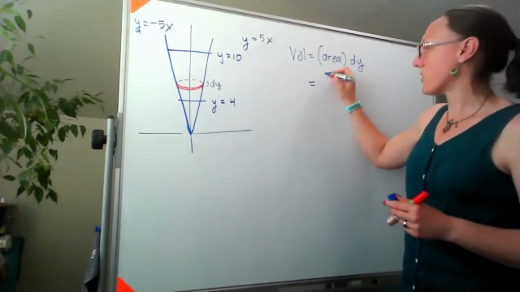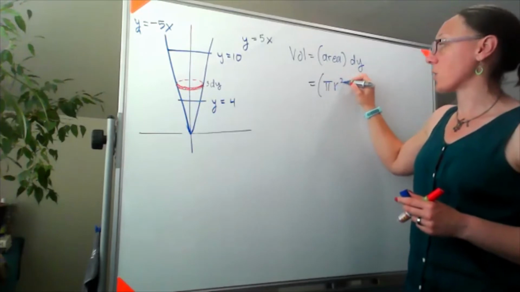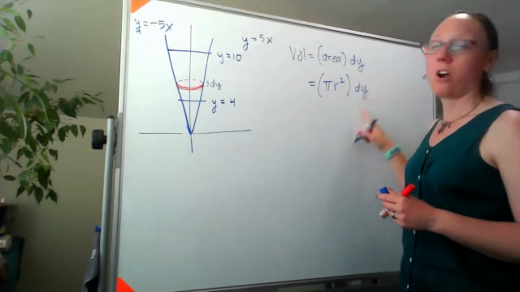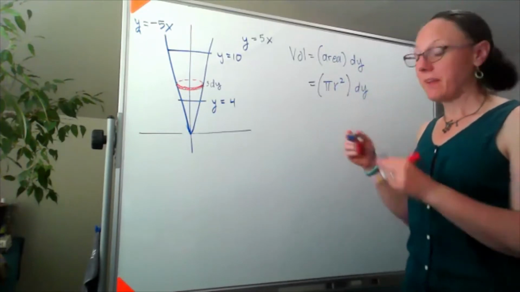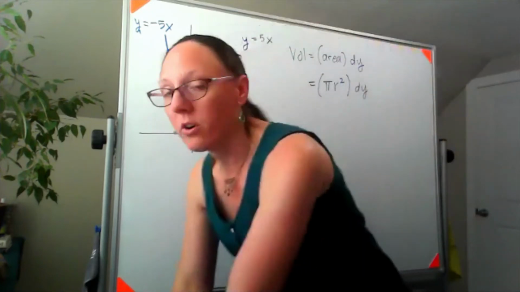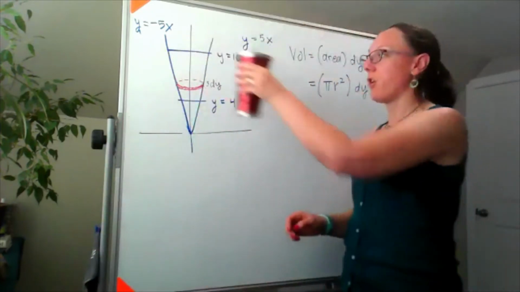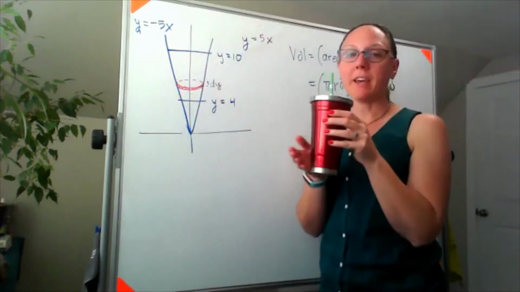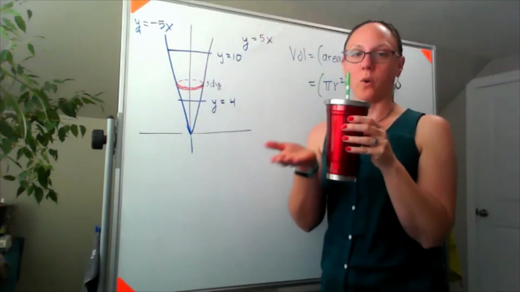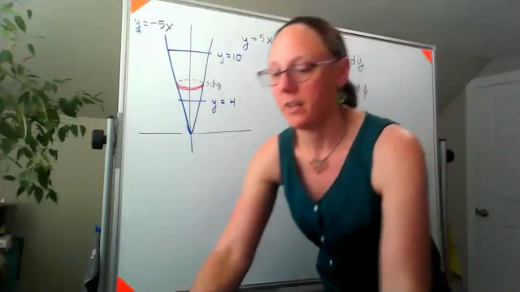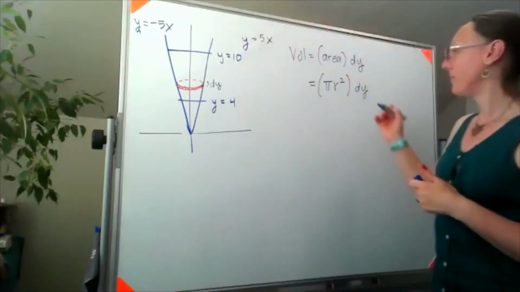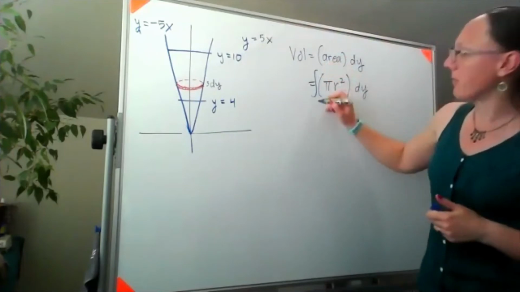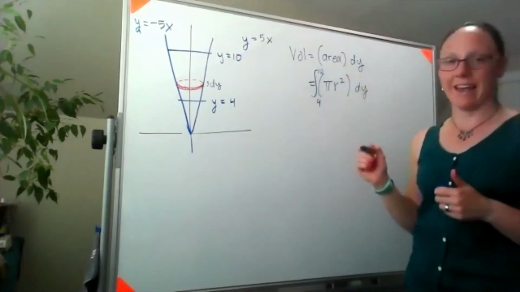The area of our circle, again, is pi r squared, and our thickness was dy. To get the volume of just the part of the cone where my cup is, I'd be taking those slices from y equals 4 up to y equals 10. So in terms of an integral, I'd be integrating from 4 to 10.